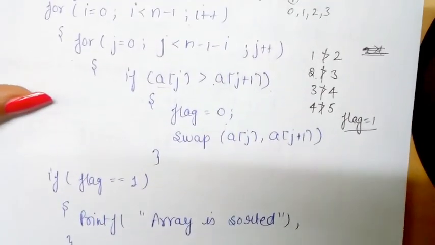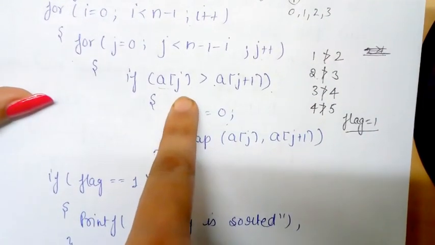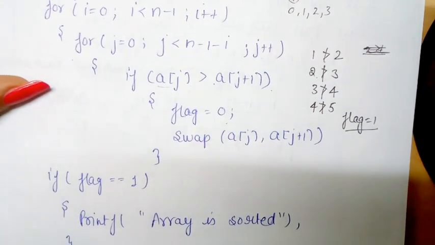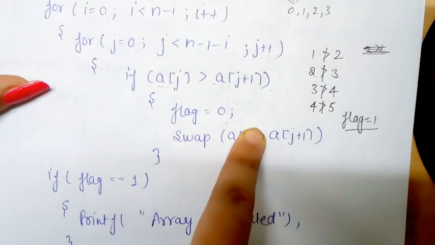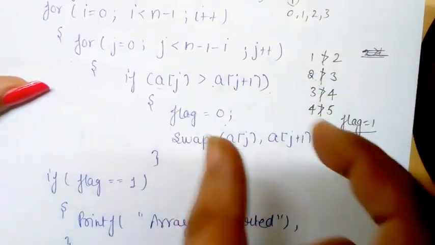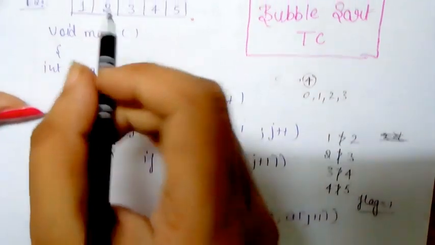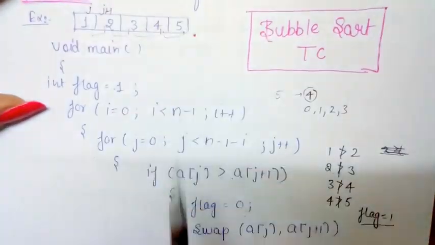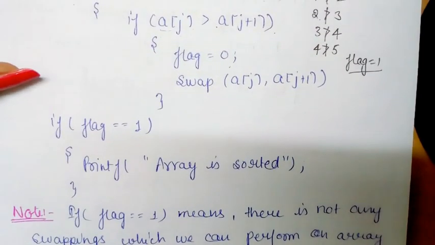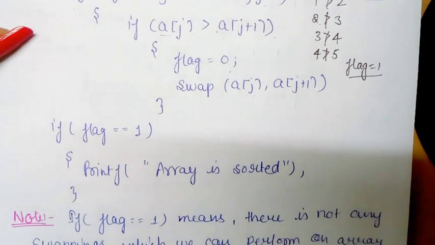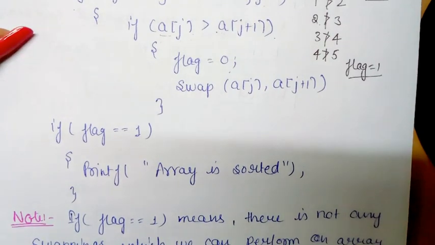As you can see, we have not performed any swapping operation in this array, because we have checked all the adjacent indices values, like this and this, then this and this, then this and this, and this and this. We have found that the smaller index has a smaller value only, and the greater index has the greater value only.